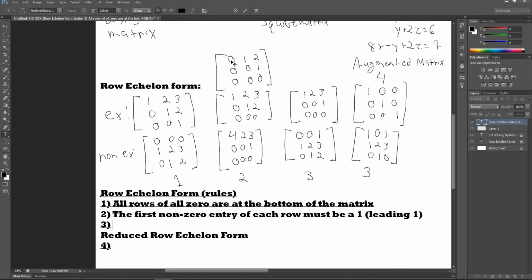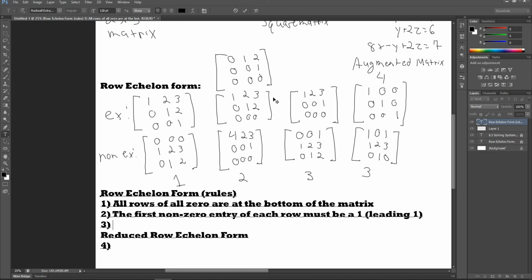In this case, I don't have a leading 1 in column 1, so everything in column 1 is going to be 0. So if I never have a leading 1 in a row, everything beneath the row that already has a leading 1 should be 0.